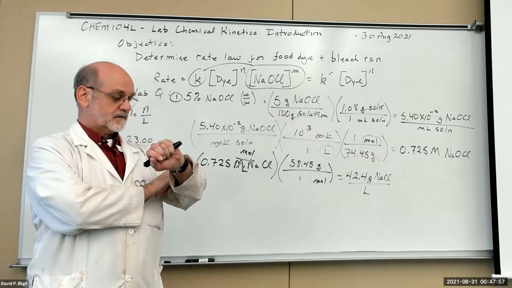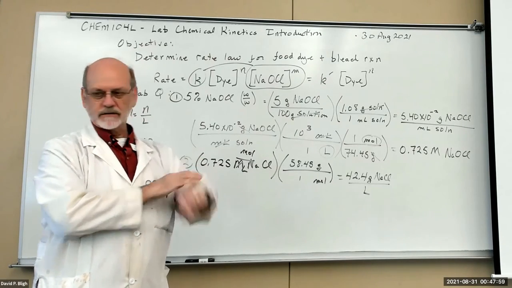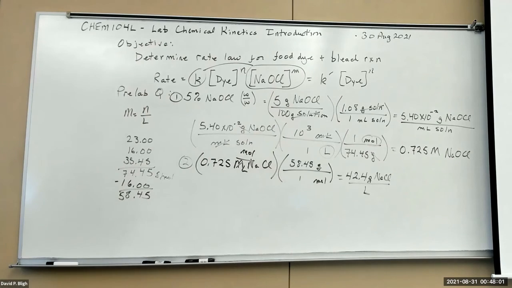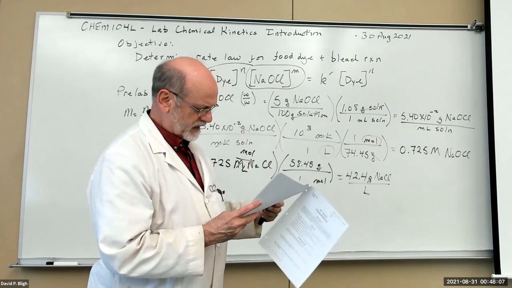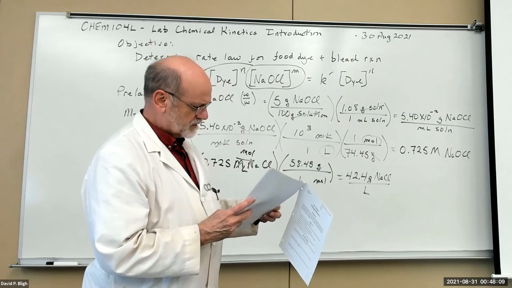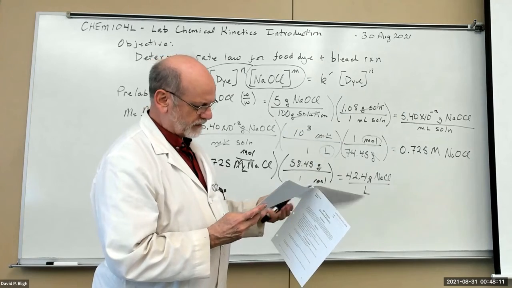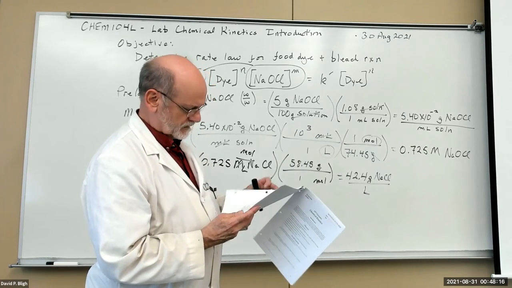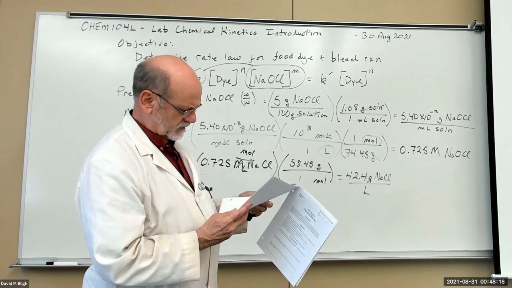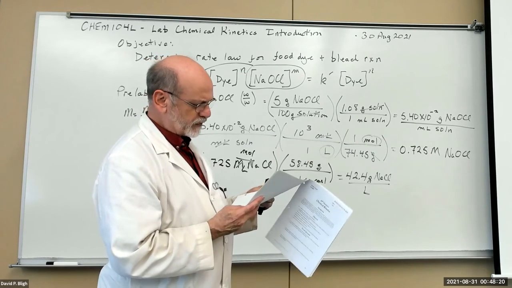Well, let's see. I've got 2 minutes. And then there's another handout that talks about what you actually do with the numbers. Let's see, that's theoretical, that's theoretical. We're going to use the blue dye.